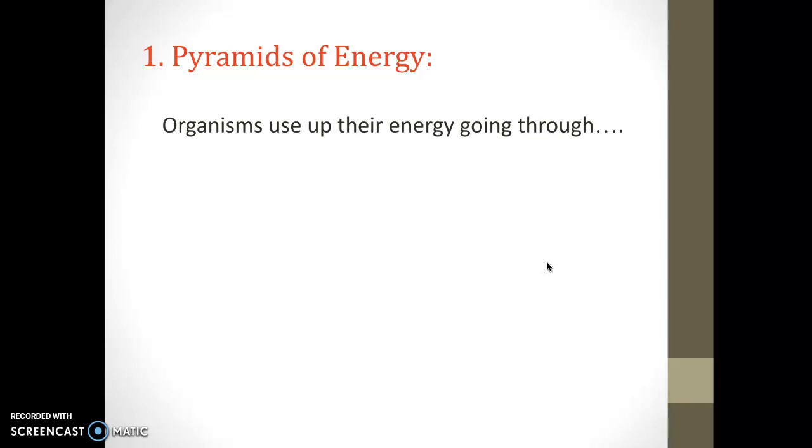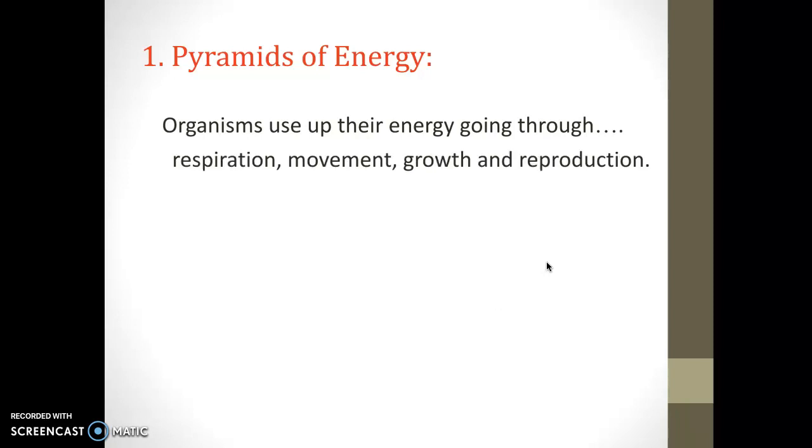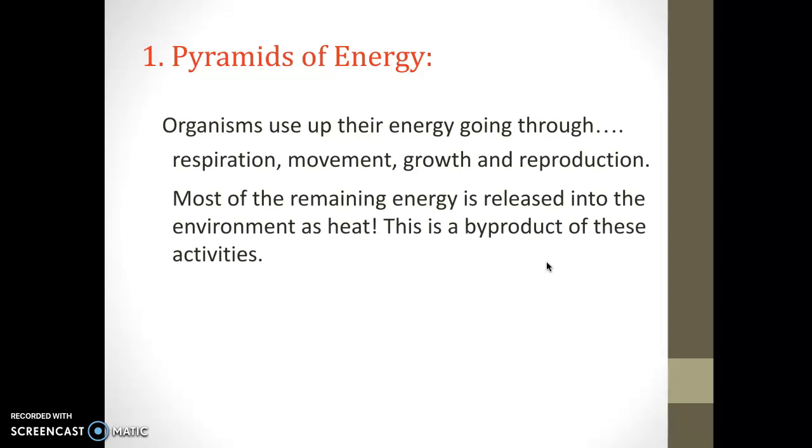One of the things that we've talked about since honestly the first week of school is that organisms need energy in order to live and survive. And so they use their energy up going through many different processes, like simply breathing or moving, or each day that goes by, we grow a little bit, and over the years, eventually you're going to create offspring of your own and reproduce.